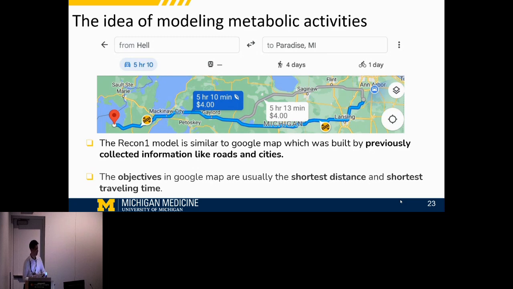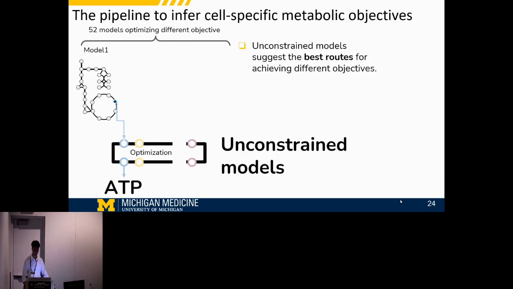And the genes here are like obstacles on the road that block you from accessing a certain city or a certain route. So the genes redirect the flux to guide you to find the best metabolic flux.